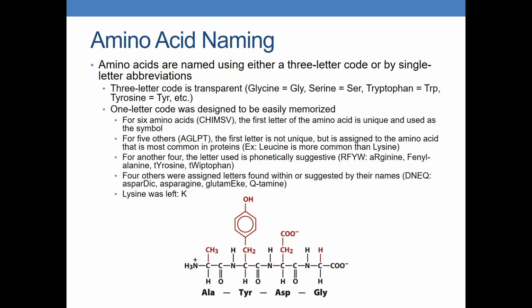So what do I do? Well, I take my 100 amino acids and I find some way to express the identity of each amino acid using one character, one letter. So what we did was we designed a 1-letter code system, and it was meant to be easily memorized, which is still true.